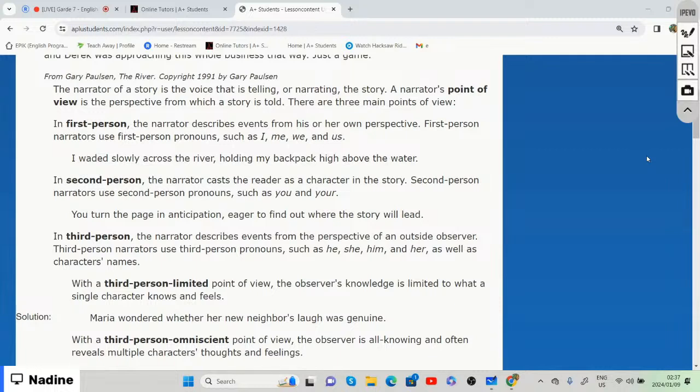And the narrator uses third person pronouns such as he, she, him, and her, as well as the characters' names. And with third person, we have limited point of view as well as omniscient point of view.